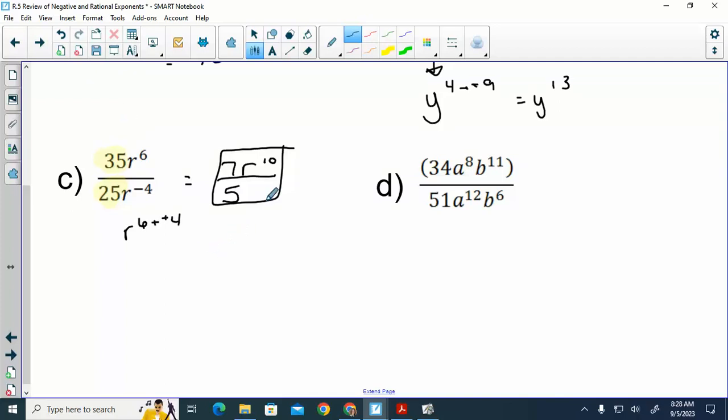D. So looking at the numbers, 34 and 51, what can we divide both of those by? Oh, wait. 7.